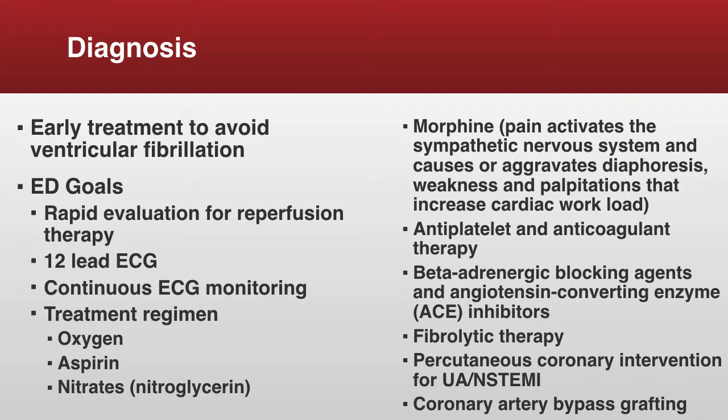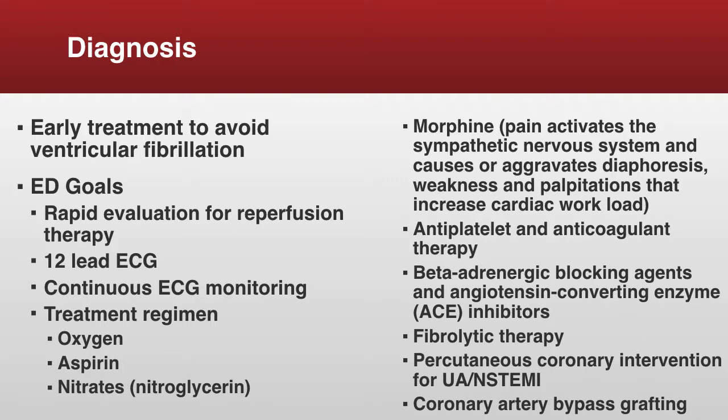Treatment regimen includes oxygen. We want to make sure that heart muscle gets as much oxygen as we possibly can so that it's not hypoxic, so that it's not having ischemia, so that as much of it as possible is perfused with good oxygen-rich blood. We want to give aspirin.